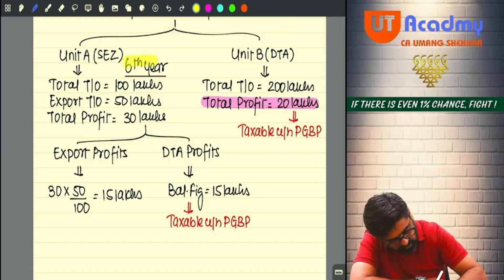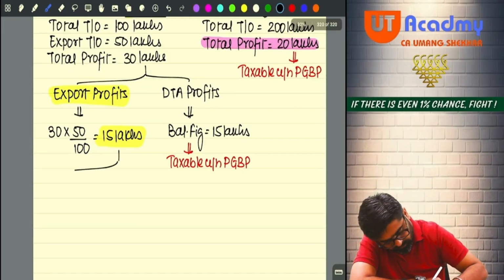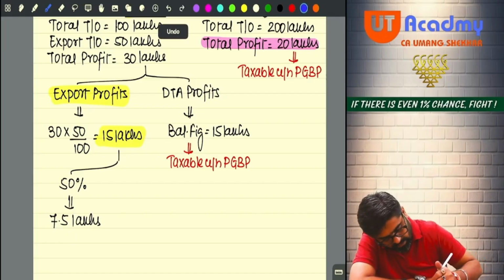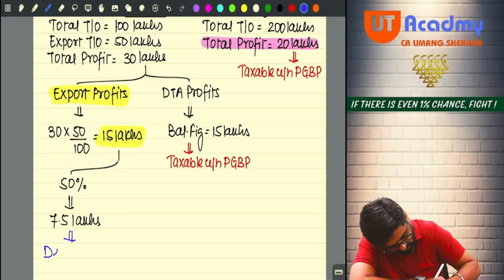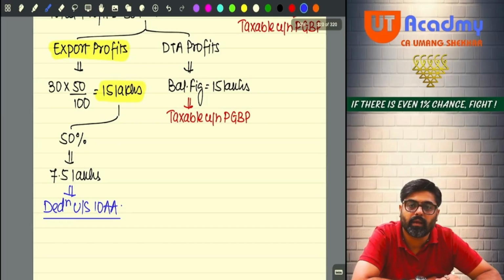So for the 6th year, 50% of my export profits amounting to 7.5 lakhs will be allowed as a deduction under section 10AA. So the deduction will be this 50%. Done, sir?